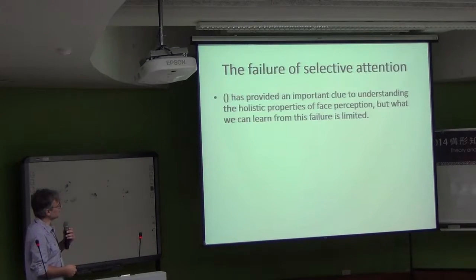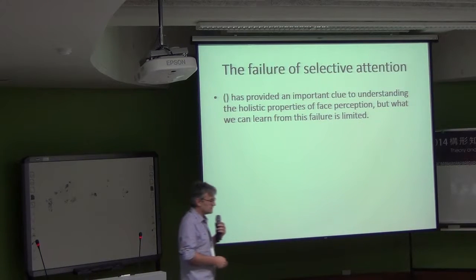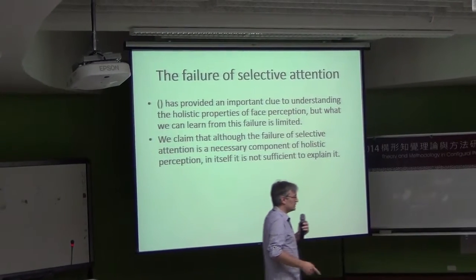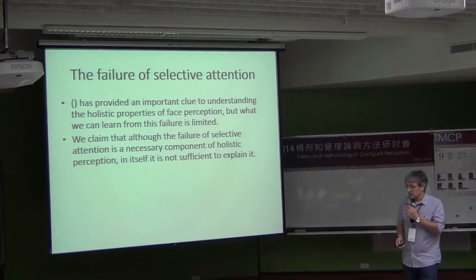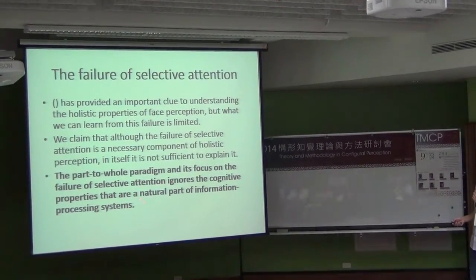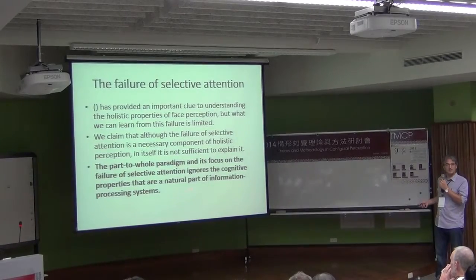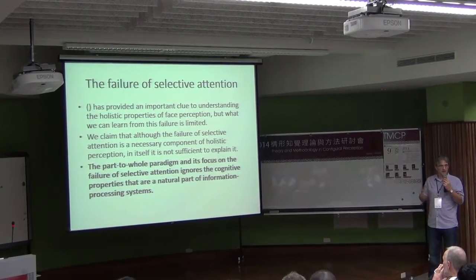Of course, this failure of selective attention is very important to understand certain processes in face perception, but we say it's limited because it ignores an important part of our processing machinery, such that we don't know anything about what happens with the cognitive processes during that phenomenon.